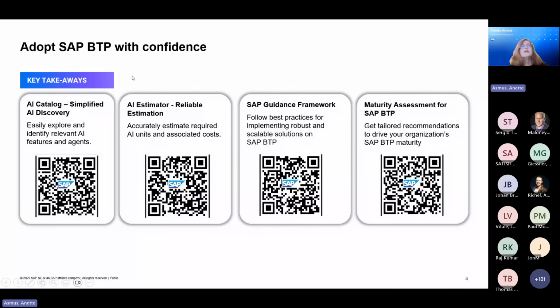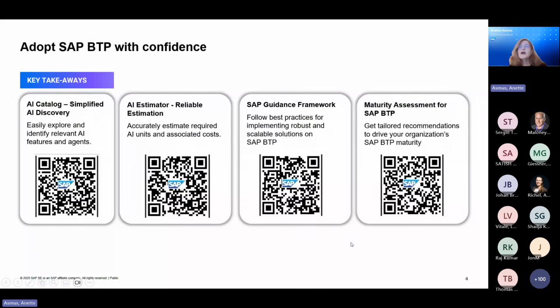So first, starting with the AI catalog that Annette presented, to explore and discover AI features and agents, and for you to get inspired. And if you want to turn the vision into reality and put a price tag to it, then the AI estimator is the tooling for you.